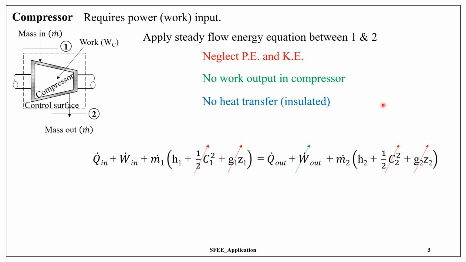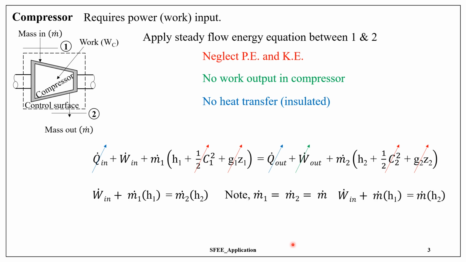Therefore, there is no heat transfer, and hence Q dot in, Q dot out are neglected. So what is left? Once again, M1 dot, M2 dot are equal, and hence we can rewrite the equation like this. And on rearranging, we are able to find out what is the work input required by the compressor, also denoted by the symbol W suffix C.